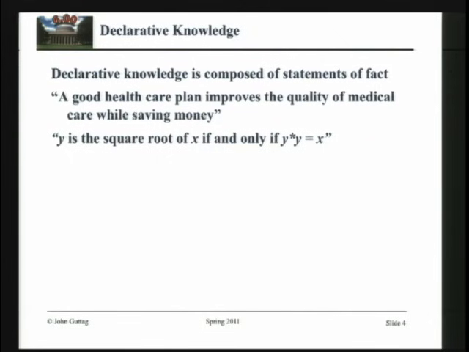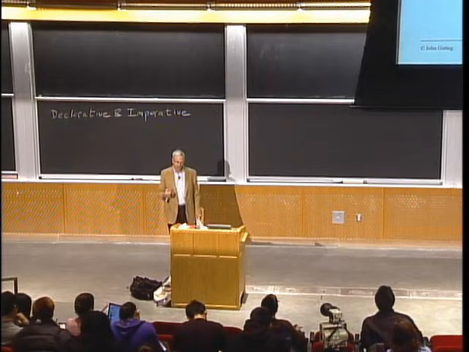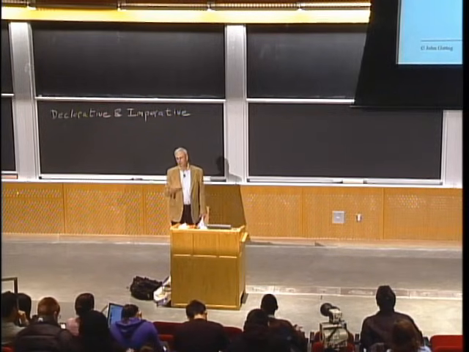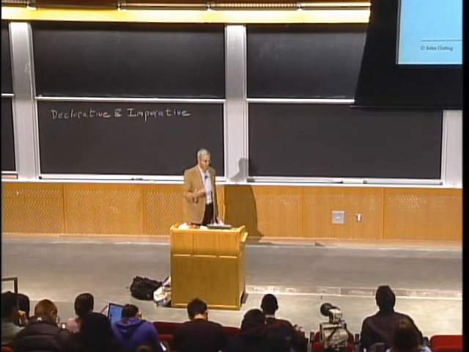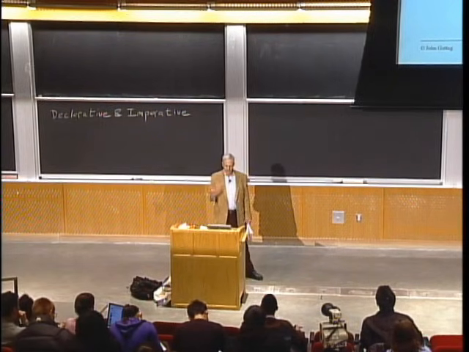For example, a good healthcare plan improves the quality of medical care while saving money. As we know from doings in Washington, it's a lot easier to state that goal than to know how to achieve that goal. So the key thing about declarative knowledge is it says something that is true, otherwise it wouldn't be knowledge, it would be misinformation, but it doesn't tell you how to do it.